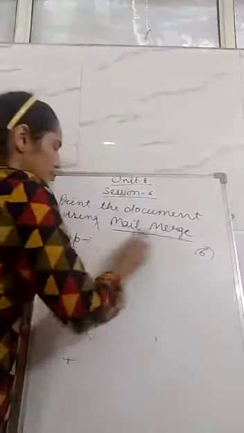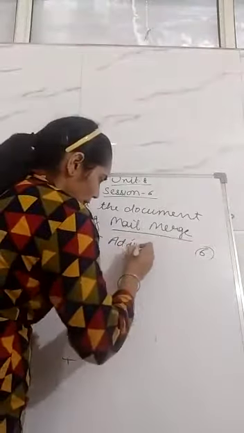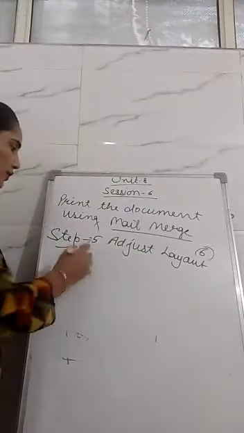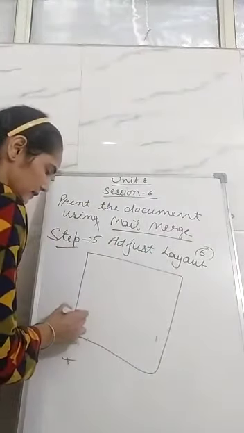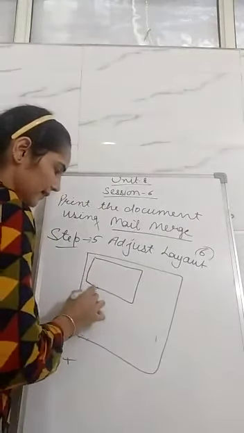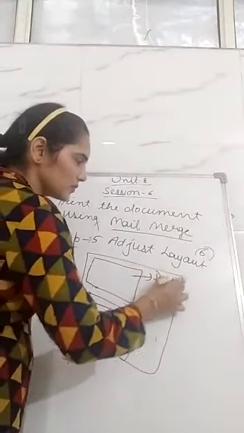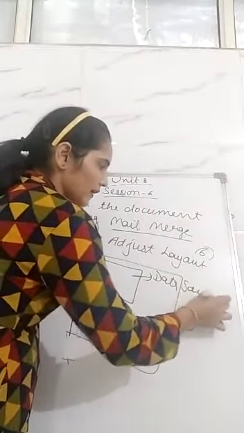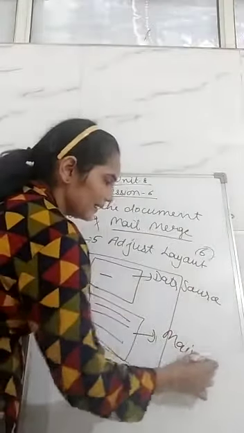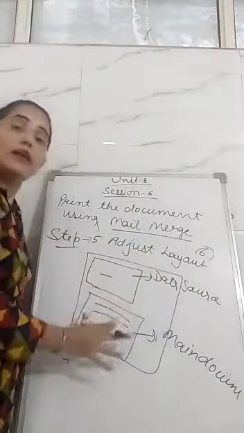And after that your step number 5, that is adjust layout. In adjust layout you will set the layout of the document. Here it shows the address, which is your data source information of the recipients, and here it shows the main document, that is your letter. Clear? In the layout step you will adjust that.